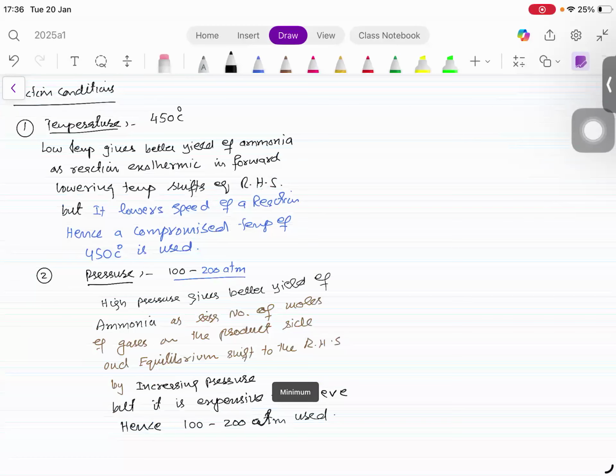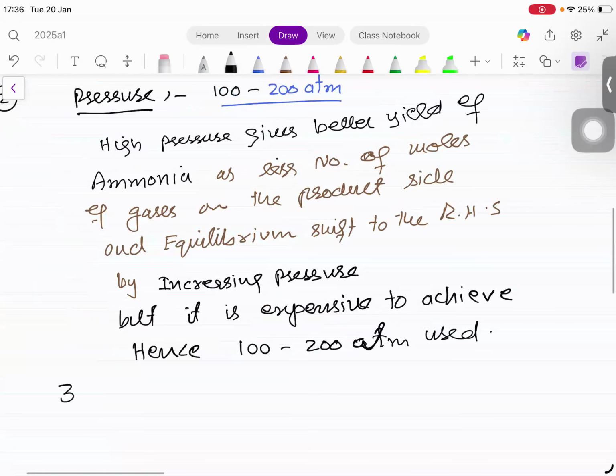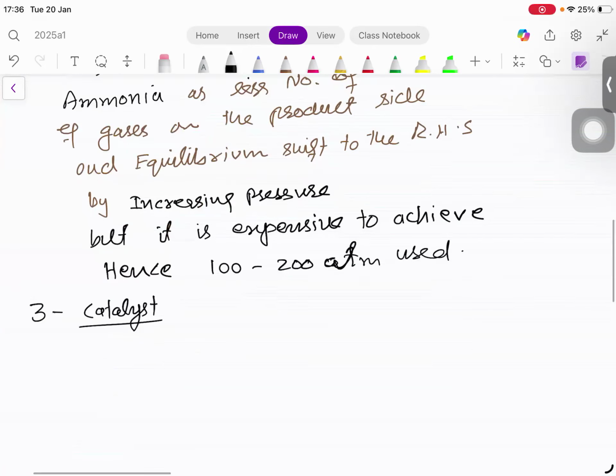The third condition is catalyst. And then we have to add powdered iron as a catalyst. Powdered again increases the surface area in contact.